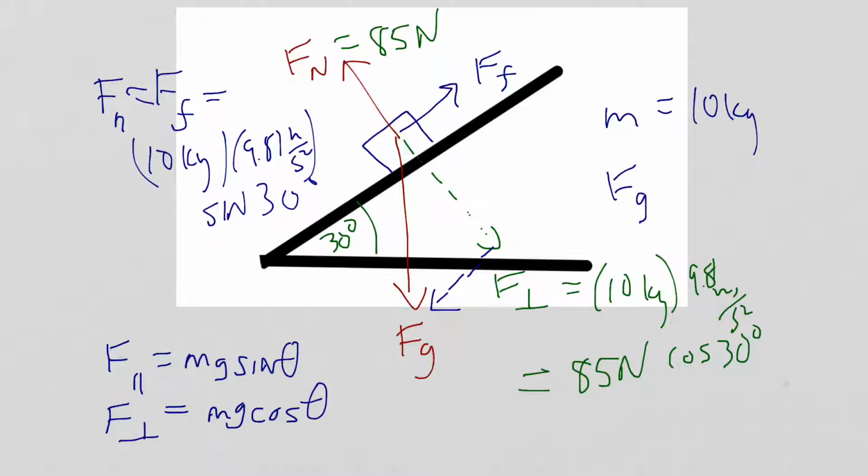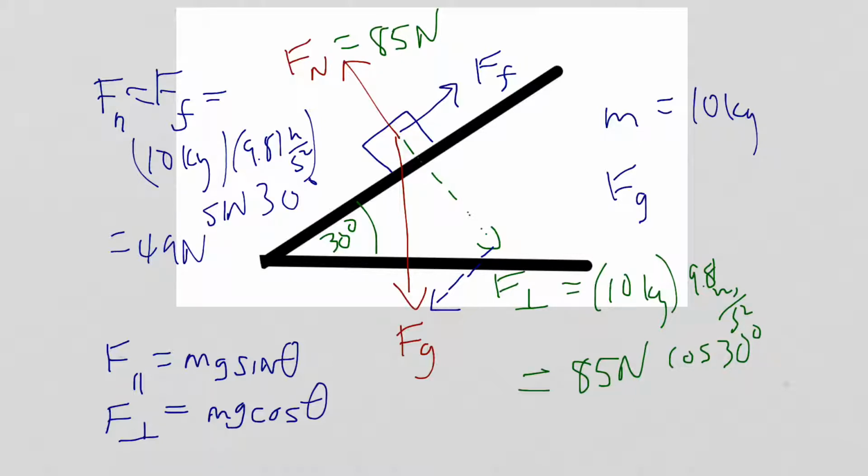Of course, the sine of 30 degrees is 0.5, so 0.5 times 10 is 5, and then it's just going to be 5 times 9.81. Hold on. 5 times 9.81. It's 49 newtons. Okay.